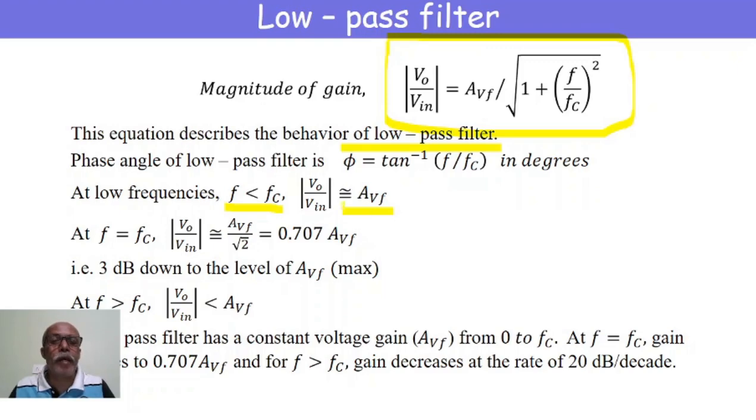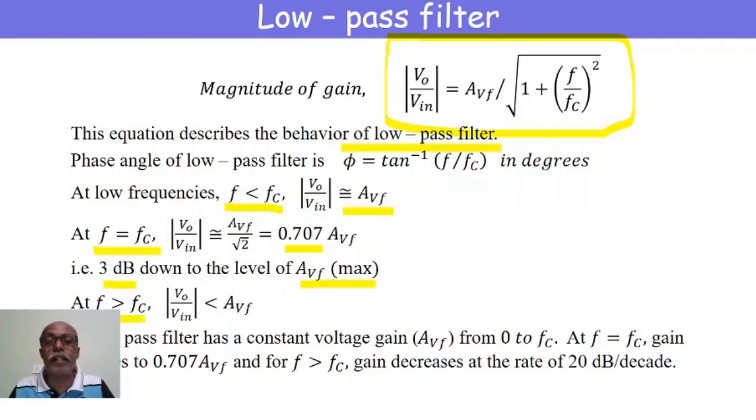If f is equal to fc, then V0 by Vin will be equal to AVF divided by root 2, so 1 by root 2 is 0.707 into AVF. That is 3 decibels lesser than the maximum voltage gain with feedback.